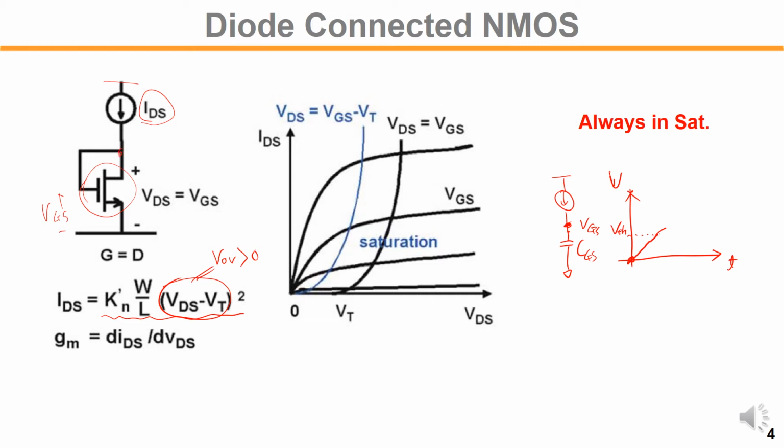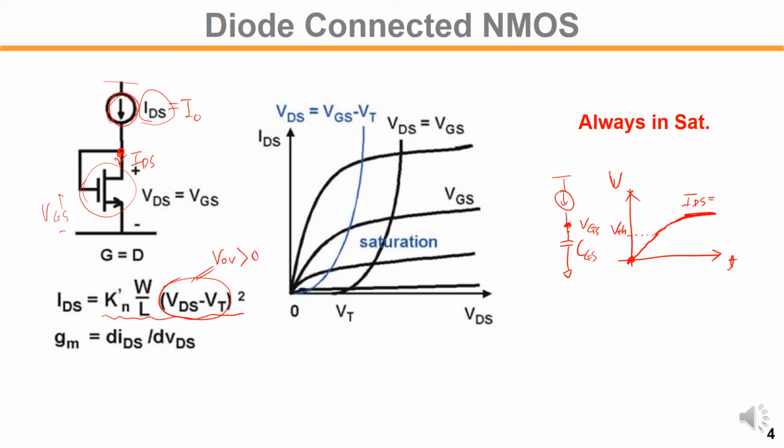But the pull-up current shown here is greater than the pull-down current IDS, so it will continue to rise until it balances, with IDS equal to I0, this current source I0.